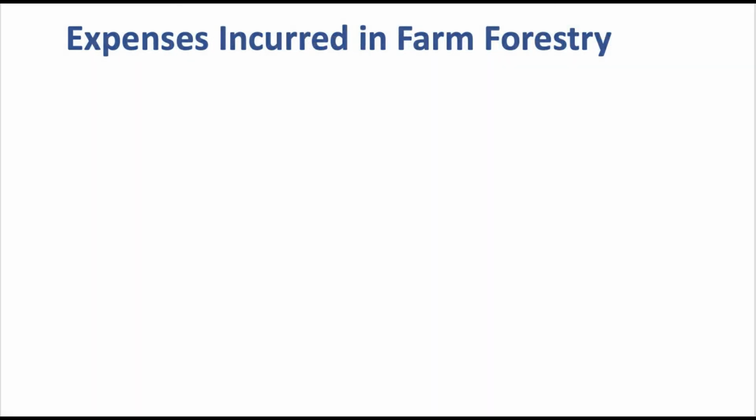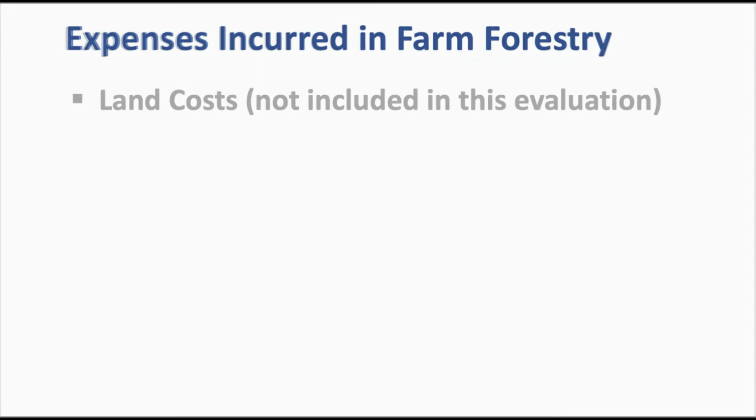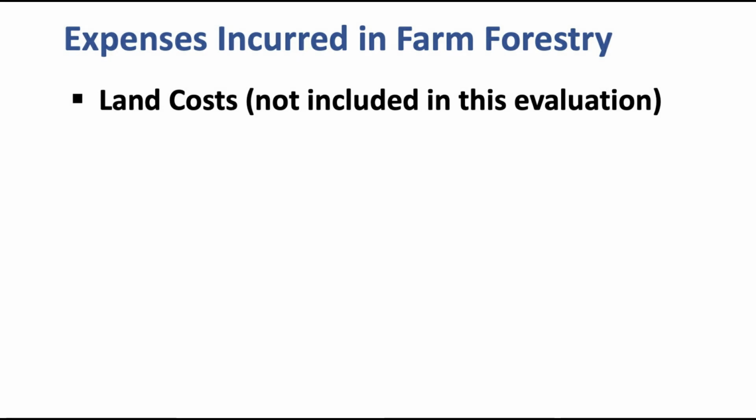So, what sort of expenses have we incurred in establishing the farm forestry plantation at Penumbra? Well, firstly, there's the land costs. We actually bought the land, as I said earlier, with our self-managed superannuation company. But from the point of view of this evaluation, we won't include the cost of the land because the land, in a sense, retains its value over the life of the plantation and beyond.